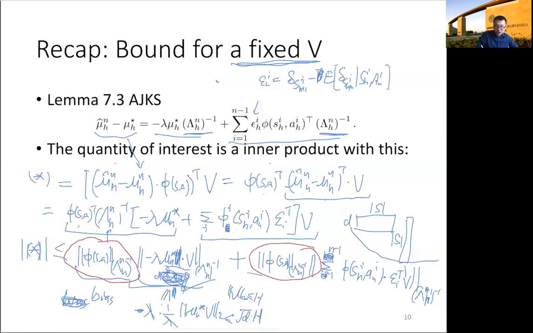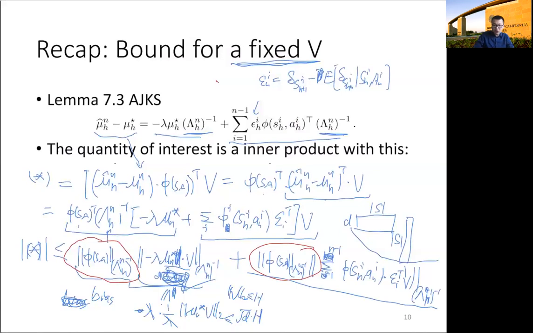Okay, for this term, this is a variance term, and what we're using is this powerful technique of martingale concentration with a sort of self-normalization, right? We use exactly this technique in linear bandits, and we're applying it here as well.